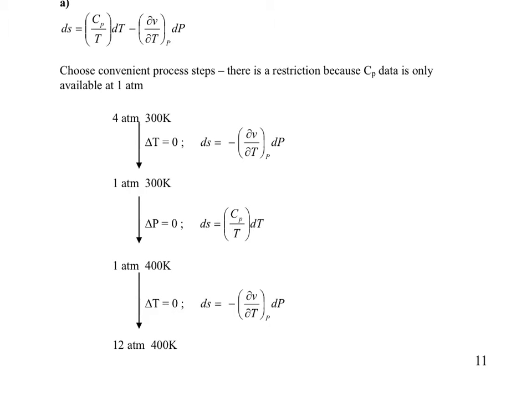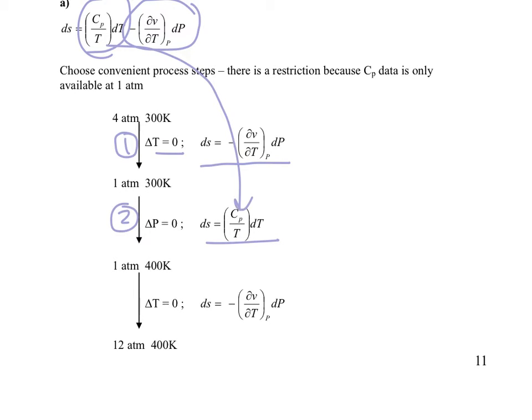This therefore corresponds to this process scheme that's set out here. First, we are going to keep the temperature constant, evaluate the change in pressure from 4 atmospheres to 1 atmosphere. That's our step 1. In step 2, we can now change the temperature while the pressure is constant. So therefore just this part of the equation would apply.